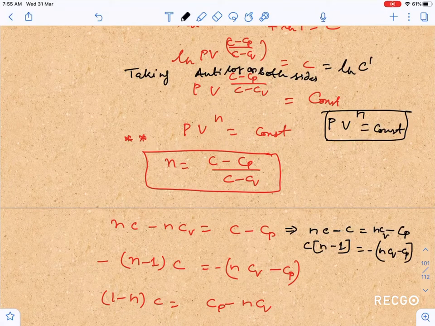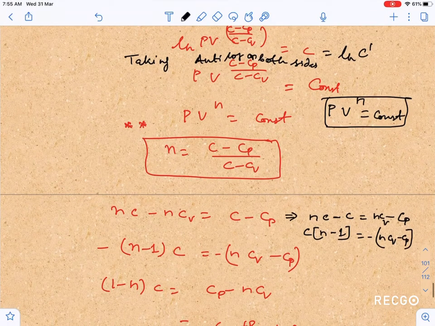So guys, if you take minus common here, it will be minus NCV plus Cp, because minus you have taken common. This minus now you can bring this side, so this will be minus of N minus 1 into C.